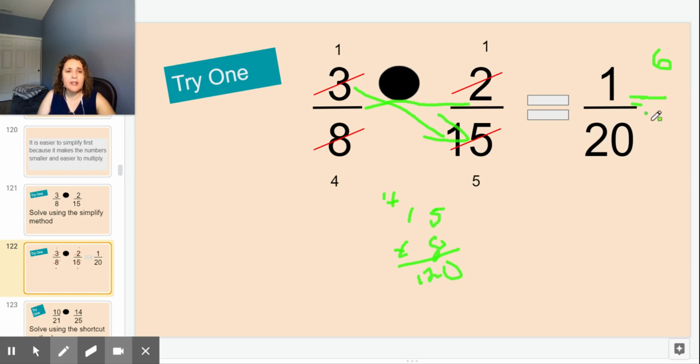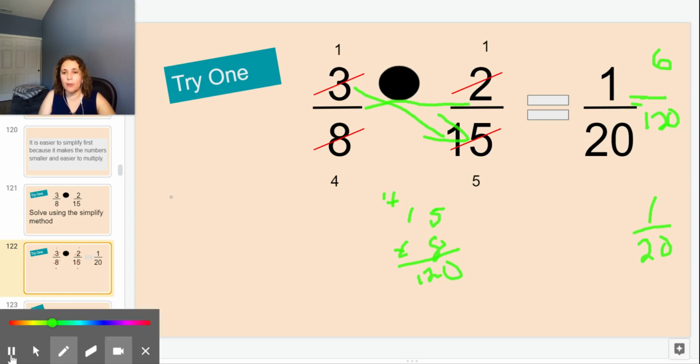So now I need to simplify 6 over 120. I can see that 6 goes into 12, so I can divide both by 6. 6 divided by 6 is 1. And 6 into 120 would have given me my 20. But it's way easier to simplify first than having to do that math. All right, so that's why we want to simplify first.